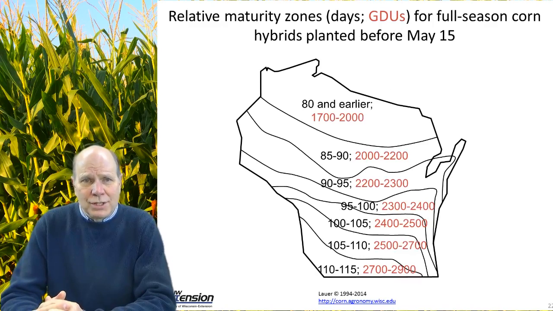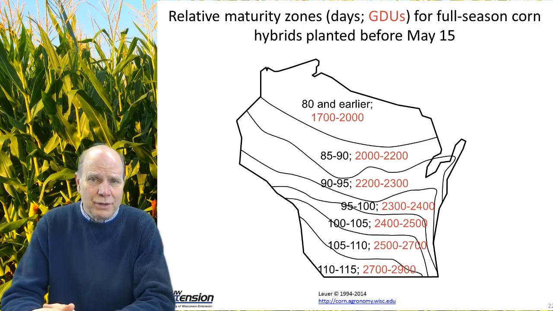One of the major decisions that growers are faced with almost immediately is the maturity that they pick for the corn hybrids that they grow on their fields. In the northern corn belt, we're challenged by growing season.